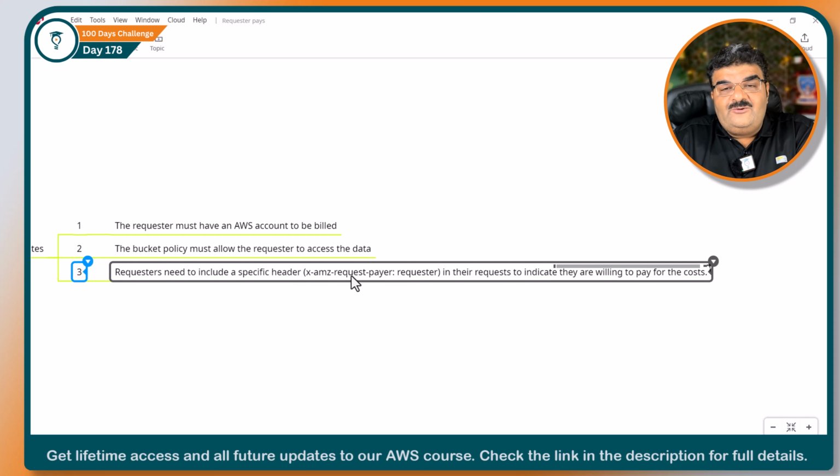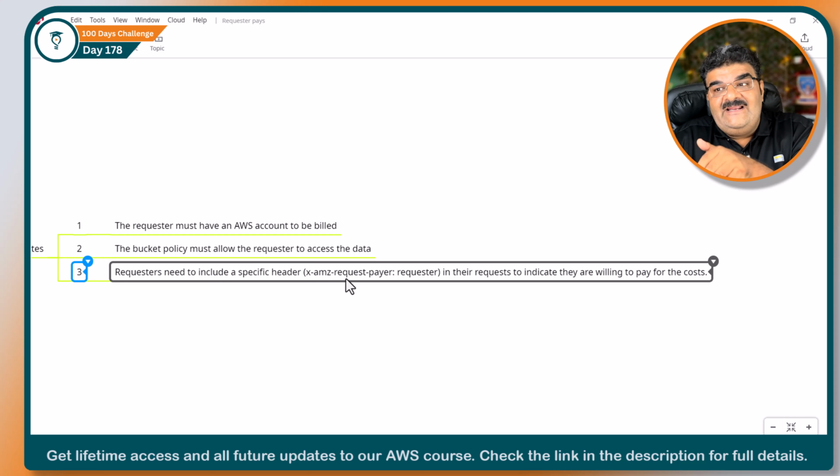You need to include this header in your request, which gives confirmation to AWS that you are the requester and you are aware that whenever you download any object from this particular bucket, you will be charged for this because the Requester Pays option is enabled.